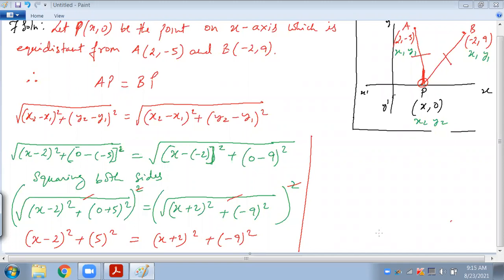And I have drawn the figure. Better you also draw it on the rough on the right side, because it will help you for understanding. Yeah, once you're done writing, you can raise your hand.